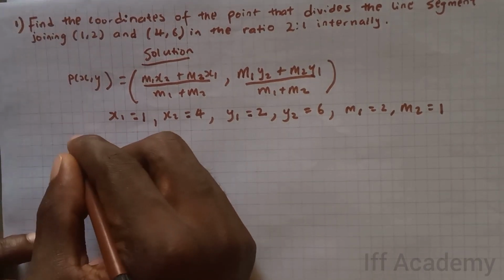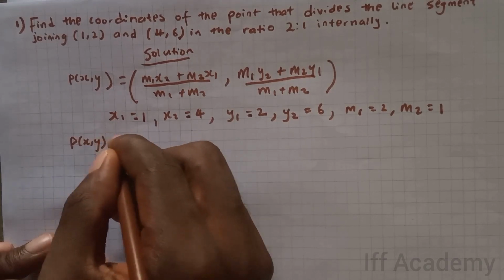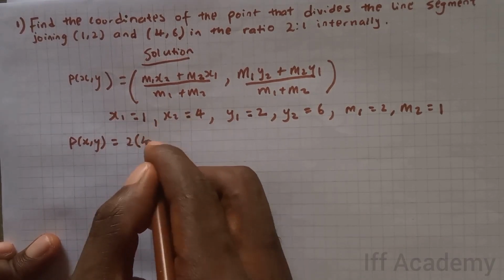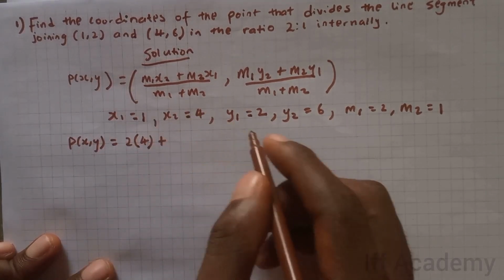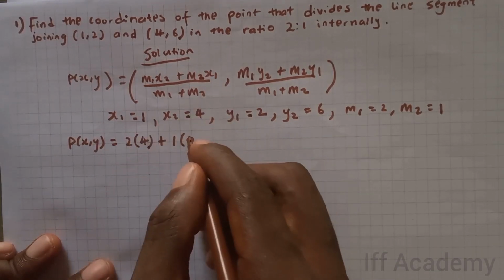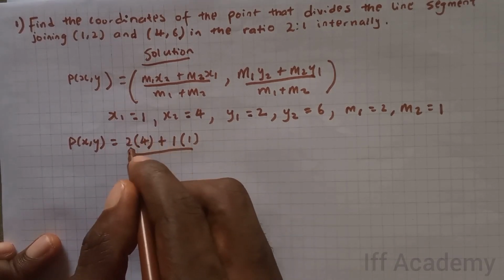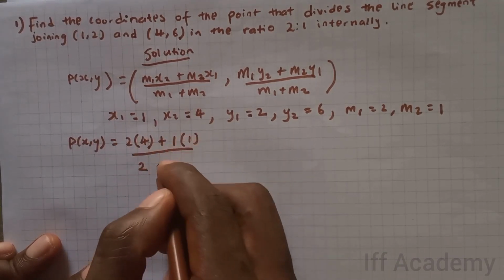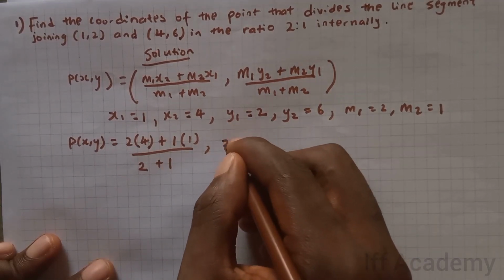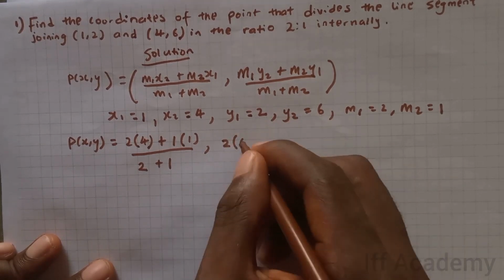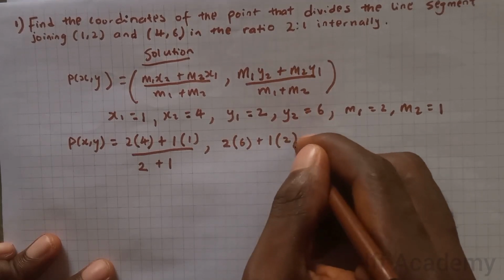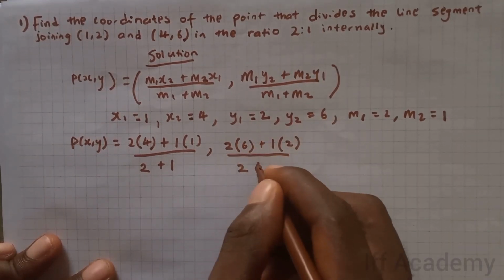So point P(x, y) will be equal to m1 is 2, x2 is 4, plus m2 is 1, and x1 is 1, over m1 is 2 and m2 is 1. Then m1 is 2, y2 is 6, plus m2 is 1, y1 is 2, over 2 plus 1.